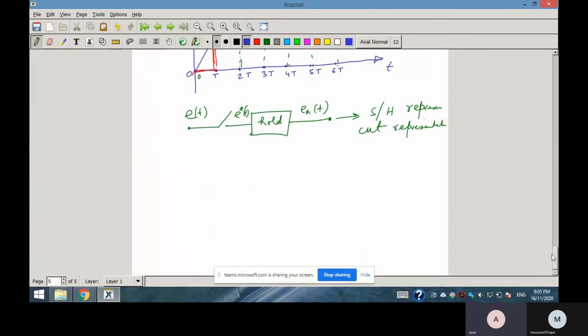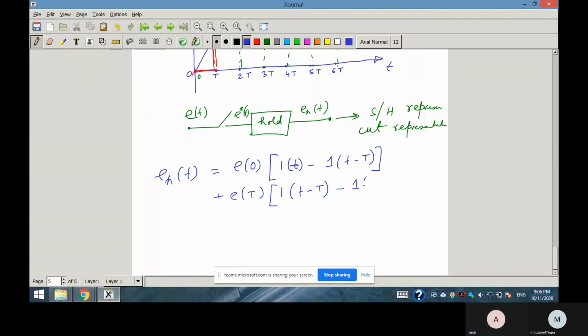So now what is your e_h(t)? e_h(t) you can express like this from the above figure. It is E0 into [u(t) minus u(t minus T)] plus E(T) into [u(t minus T) minus u(t minus 2T)] and so on.